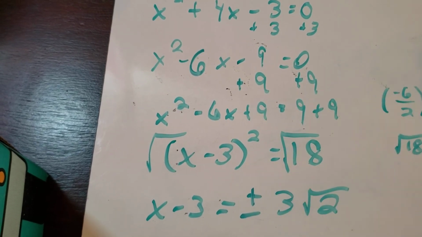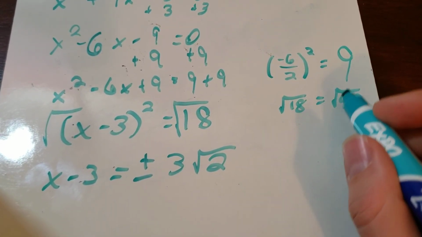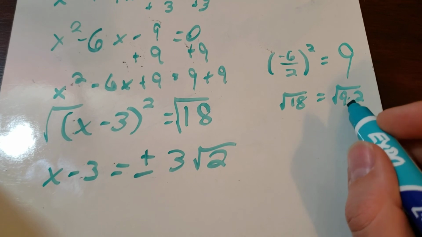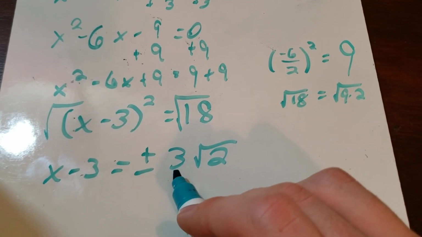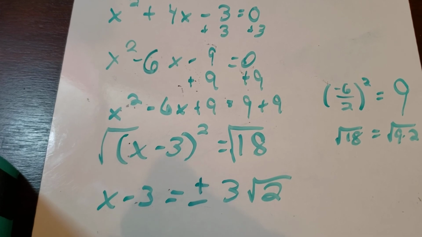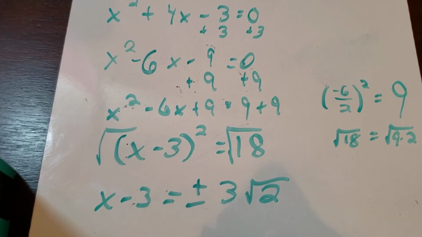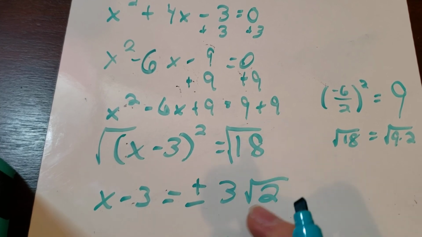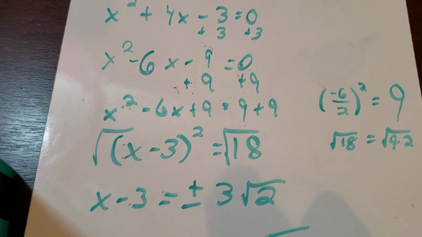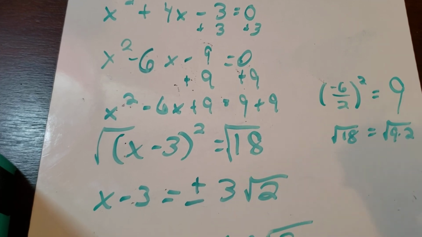Square root of 9 is 3. This is where we're going to get x equals positive 3 plus or minus 3 root 2.